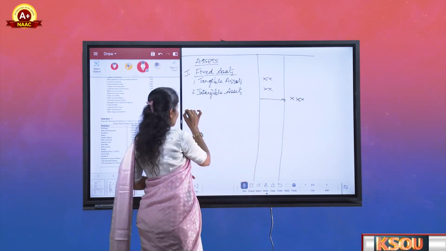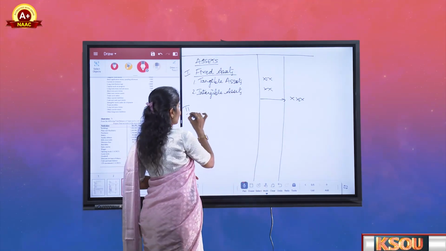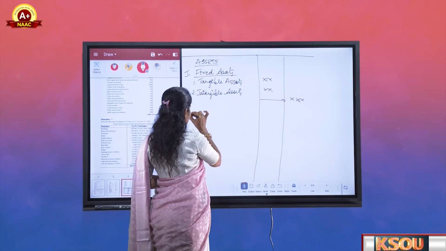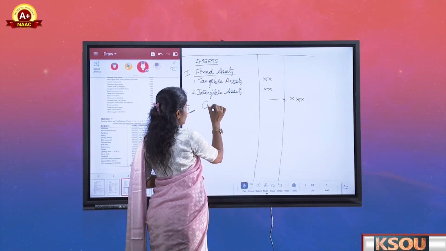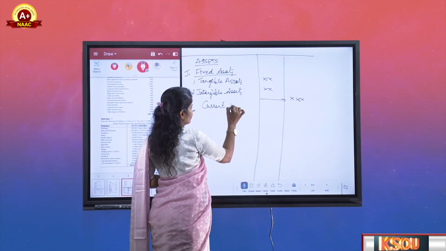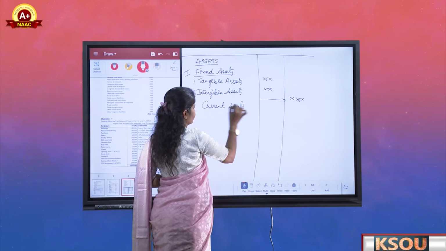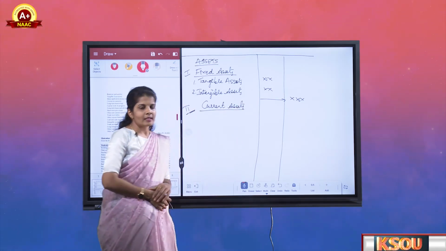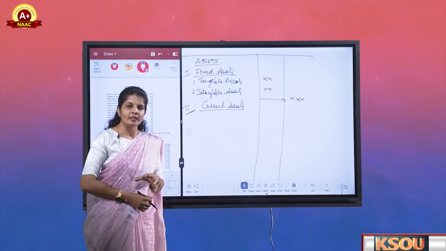So this is the total of fixed assets, and the next item is current assets. What does current assets include? Current assets are the short-term assets.